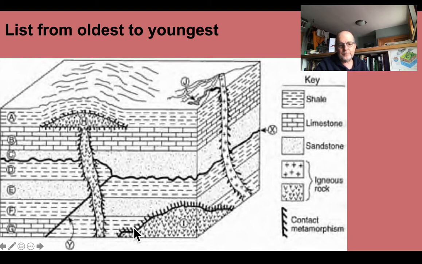Then, well, this clearly melted into this, so that might have been the next thing. Then this must have been all uplifted and all eroded away. So all this is eroded away. And then it looks like we must have had the faulting. So all this slides down. Though it may have slid down before the intrusion. And in fact, I think that's probably true. So the faulting comes before the intrusion.